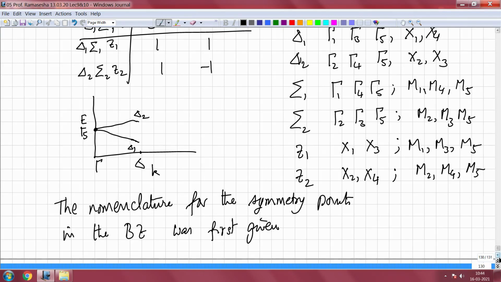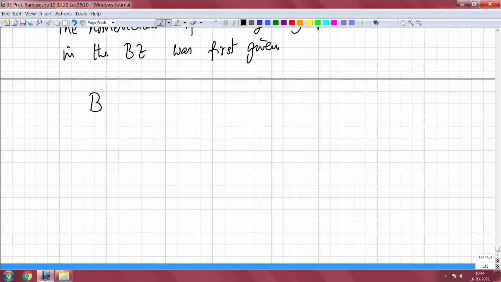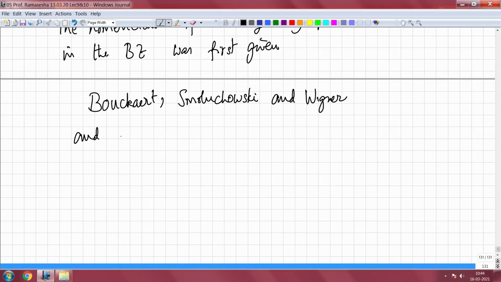Their names are the following: Bouckaert, Smoluchowski, and Wigner, and are known as BSW nomenclature.